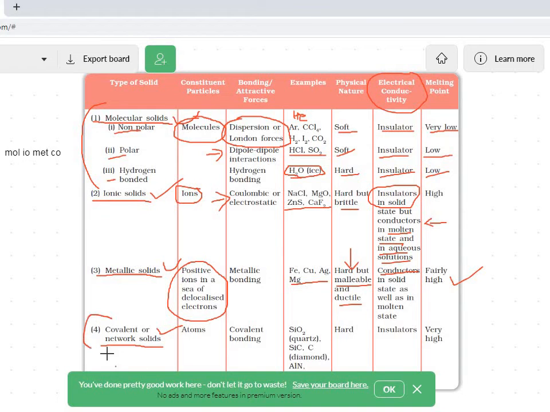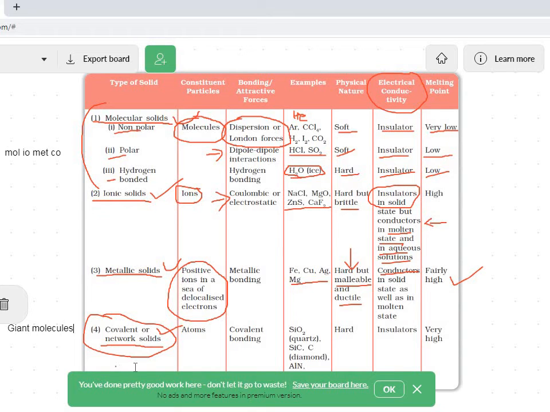And last is covalent or network solids. They are also called giant molecules. It is not mentioned here, but they are also called giant molecules. This is a wide variety of crystalline solids, mainly made up of non-metals, and resulted due to the formation of covalent bonds throughout the crystal.